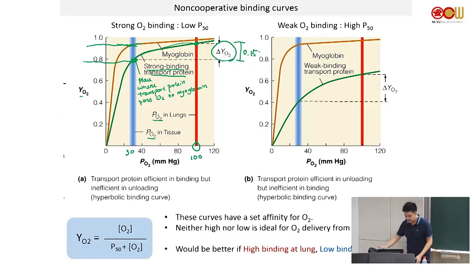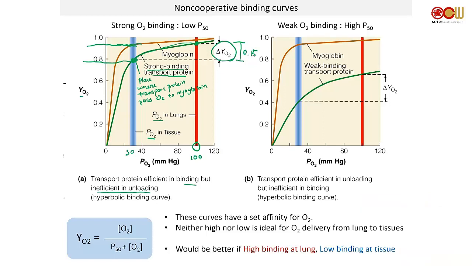It says here that the transport protein is efficient in binding but inefficient in unloading. It's like a mailman who's super good at taking mail from the post office but sucks at delivering it. Not ideal, right? Because it doesn't like to give mail to people. That's not good.